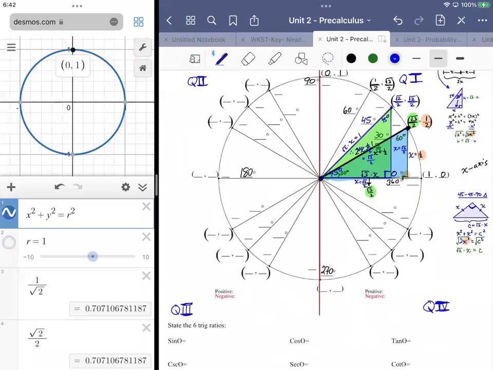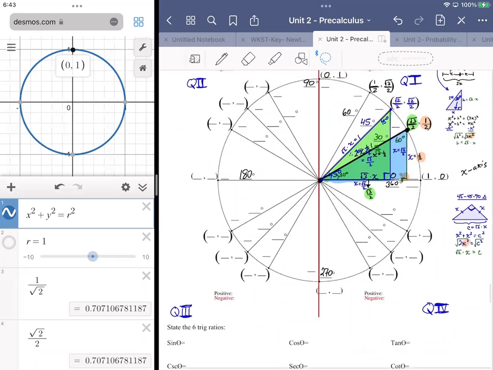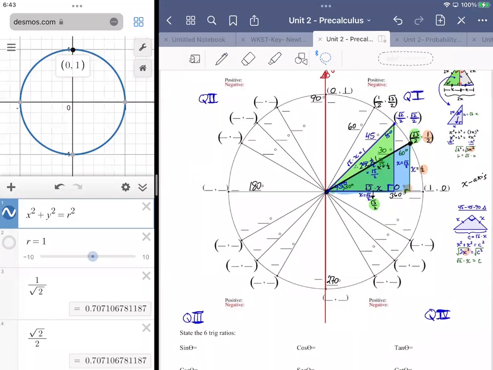In the past, the quadrants didn't really matter too much, but with the unit circle and anything trig, they will absolutely matter, right? Incredibly so. So every coordinate in the second quadrant is going to be a reflection over the y-axis of every coordinate in the first quadrant.